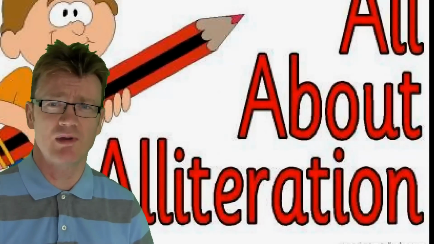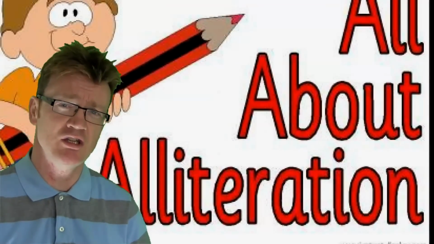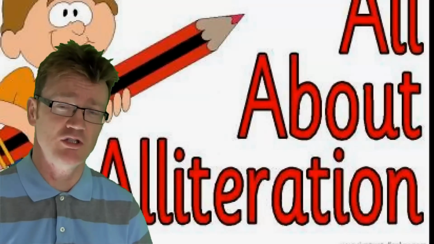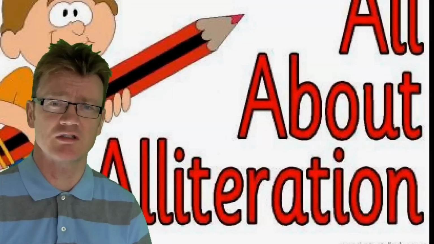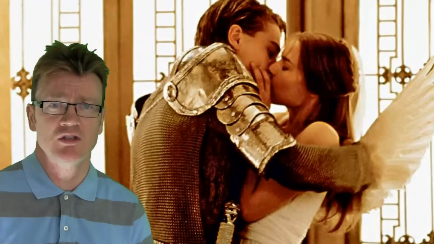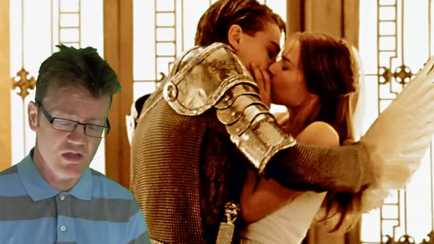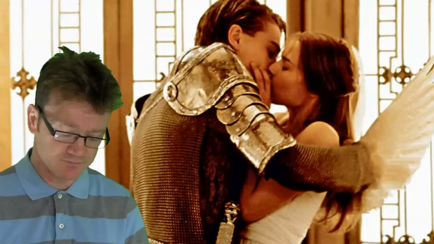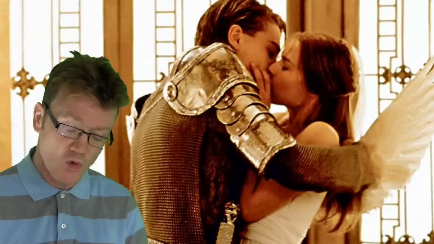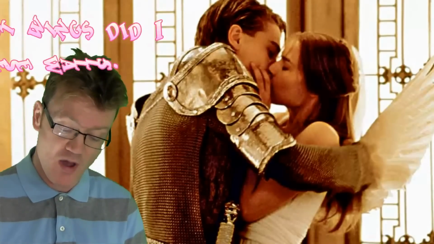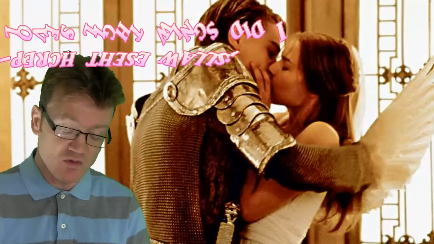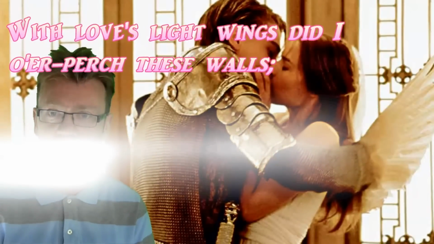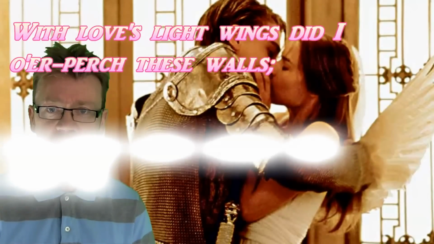I'm going to talk to you about the effect of some alliteration in Romeo and Juliet, written by Shakespeare. I'm going to discuss Act 2, Scene 2, and I'm going to look at two lines that Romeo says to Juliet. "With love's light wings did I o'erperch these walls, for stony limits cannot hold love out."